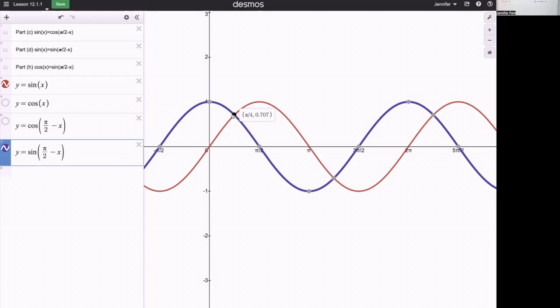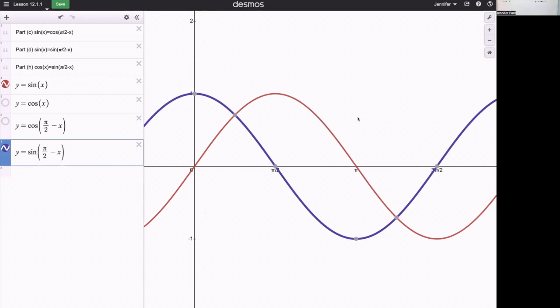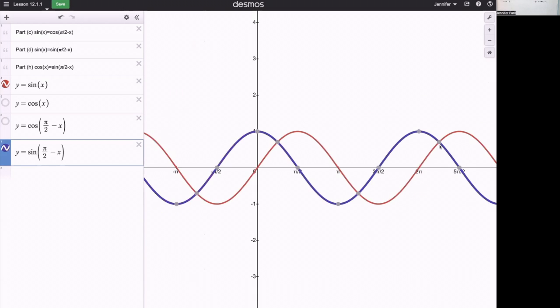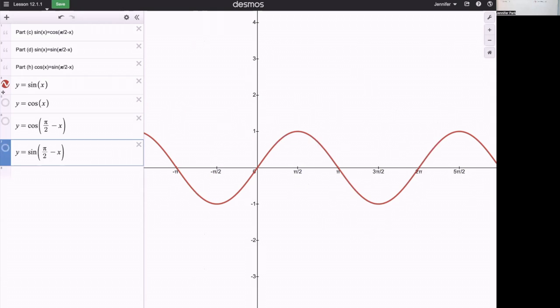Sometimes they do have the same values, at pi over 4 radians, and at 9 pi over 4 radians, or 5 pi over 4, right? This is where they intersect. So they're sometimes true, sometimes they do have the same solutions, but not always, because they're not exactly the same. Okay, so D is sometimes.